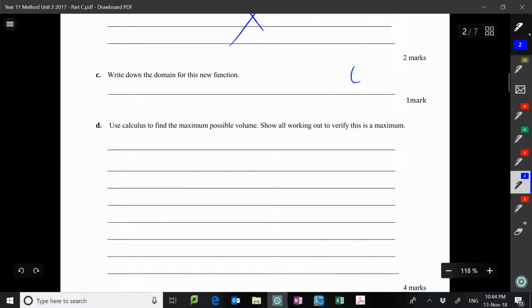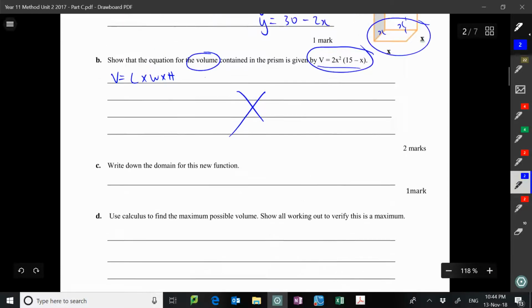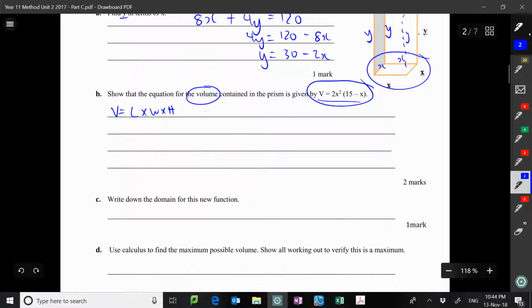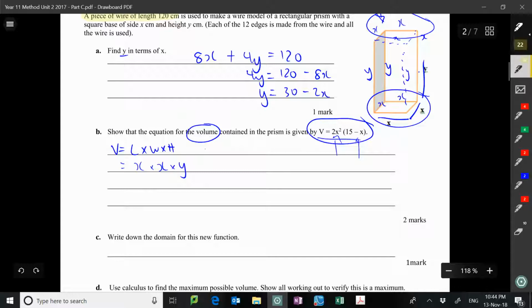Okay, now let's have a look. How would you have proven that this is the volume equation? We know that the volume of a rectangular prism is length times width times height. Now, what's the length? It was x, multiplied by what's the width? x again. I'm just reading here. x times x and then times y. But remember, it's all in terms of x in the equation. So how do I remove that y? Hopefully you've been watching my videos or you were in my class on Tuesday, which is today.